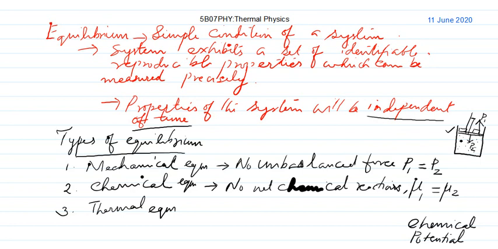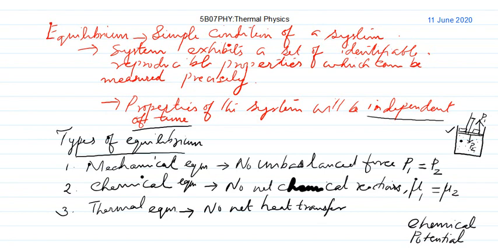Now coming to the third one, which is known as thermal equilibrium. Thermal equilibrium is a state where there is no net heat transfer, I'm using the word net everywhere, between different parts of the system or between the system and the surrounding.